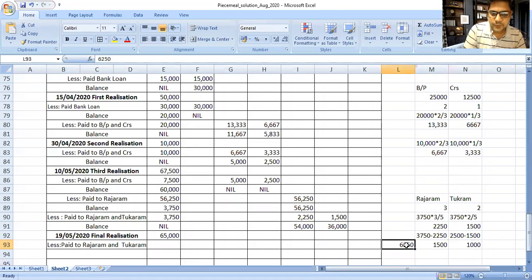The total value we want to pay right now is 1500 to Rajaram and 1000 to Tukaram. The total we have to pay is 2500. So we will write here 1500 and 1000.